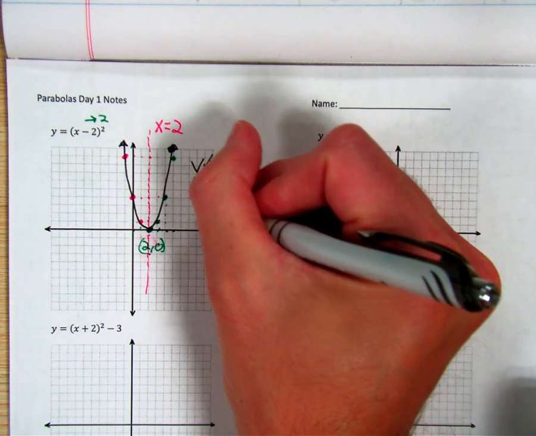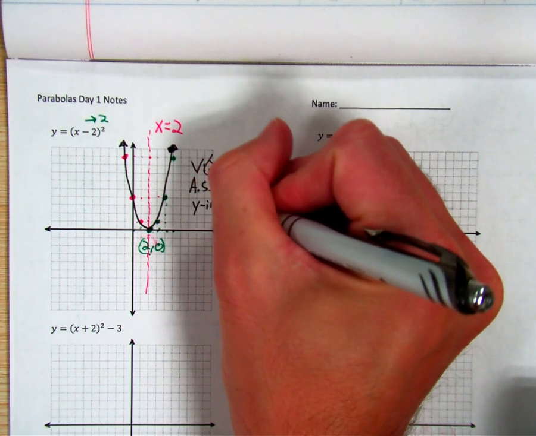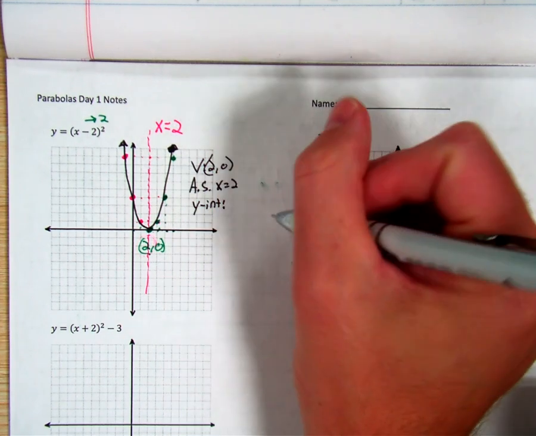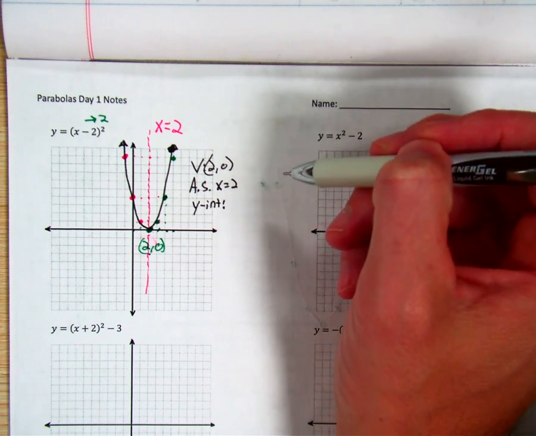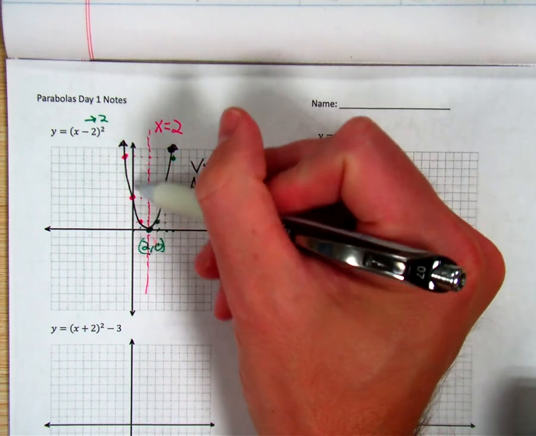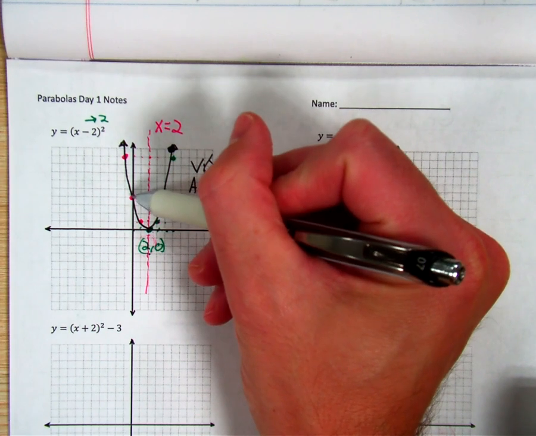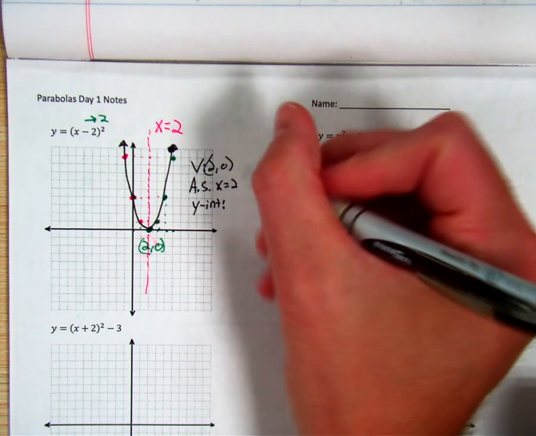Your y-intercept. Most of these will be very friendly. Some of them Mr. Handke messed up on, and they won't have a very nice y-intercept. But they will be nice on the test. Y-intercept we cross at 0, 4.